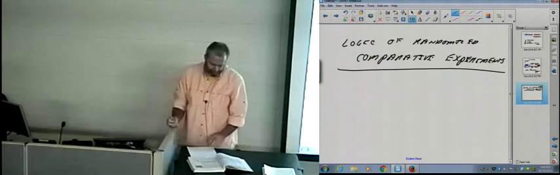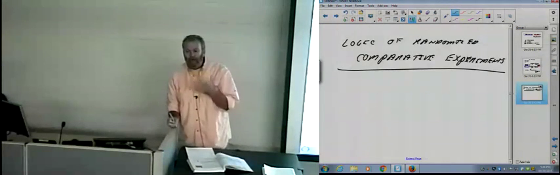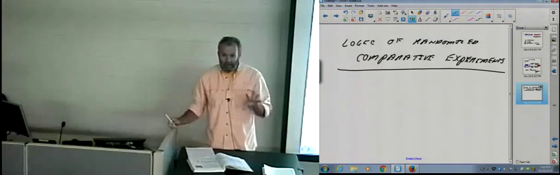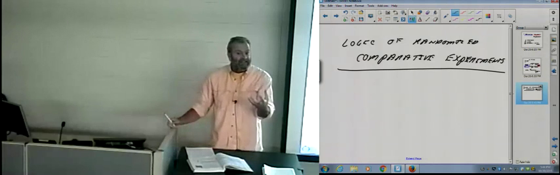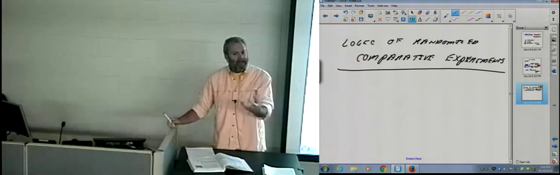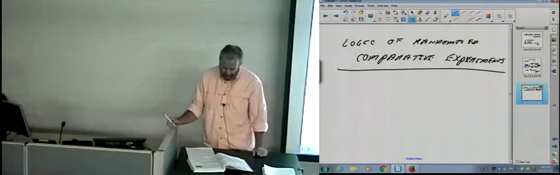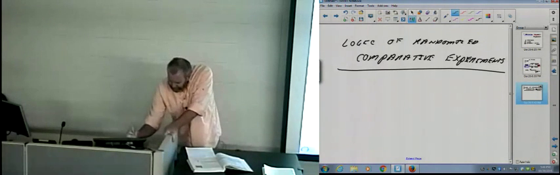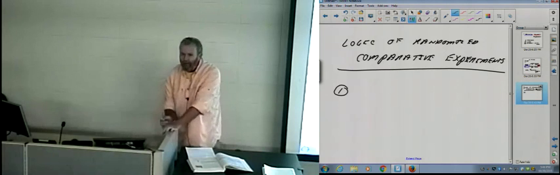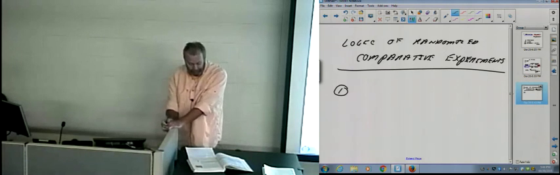Okay? One more time. The randomized comparative experiment is set up to give us evidence of cause and effect. Causation. Right? Now, the logic goes like this. And I'm going to give you a 1, 2, and a 3 here.